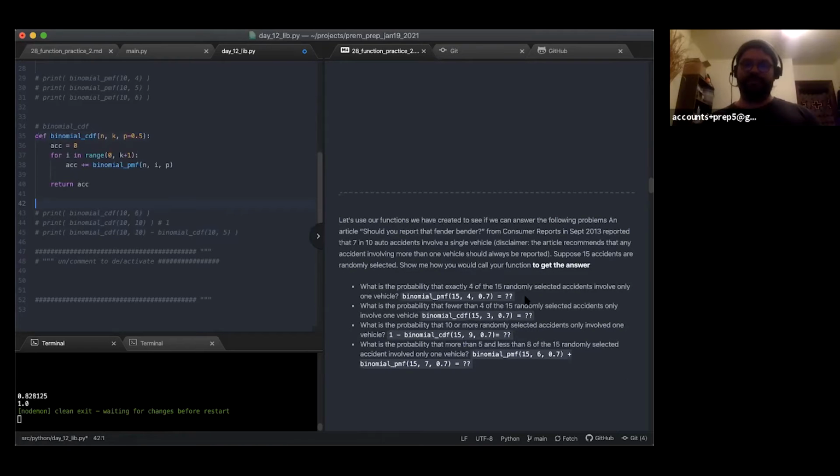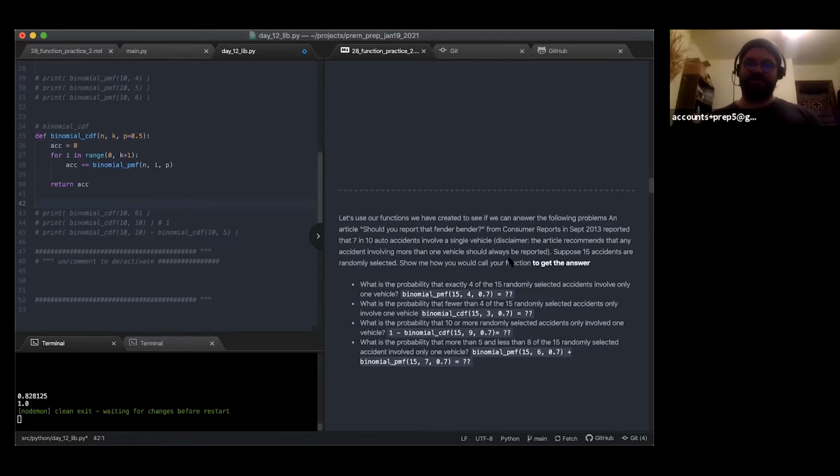So you've got a few little breakouts here. Let's use our function to answer the following problems. An article, "Should You Report a Fender Bender?" from Consumer Reports in September 2013, reported that 7 in 10 auto incidents involve a single vehicle.